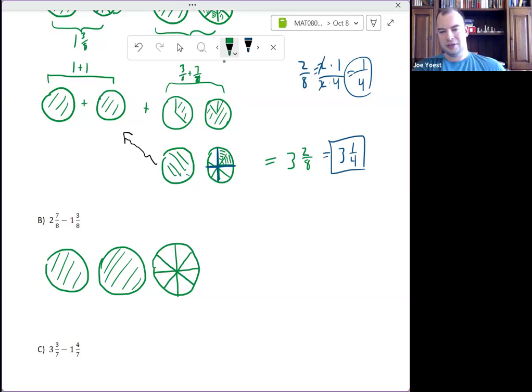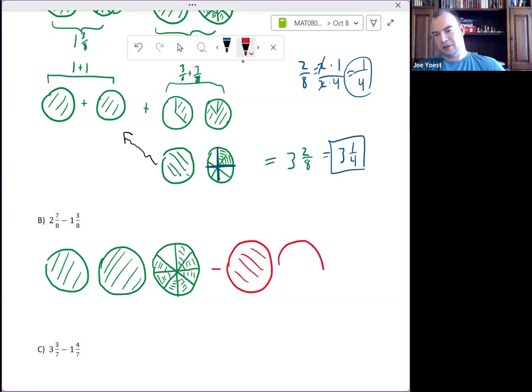So 2 7/8. And then minus, or we'll draw these in red, minus 1 3/8. So take away 1 3/8.